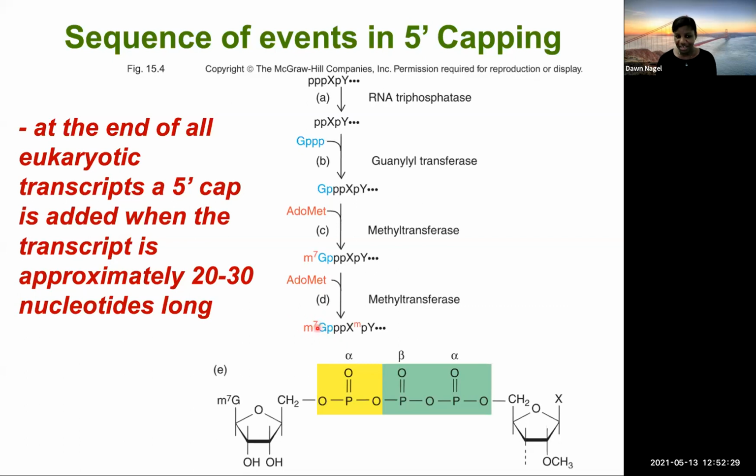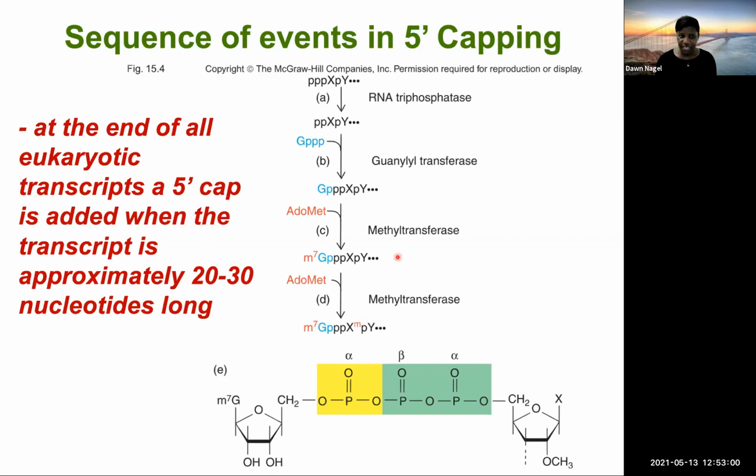The importance of this cap, again, is really to protect that 5' end from being chewed up by any kind of RNases present within the nucleus, but it also helps to recruit this cap binding protein, which is really important for translation because it interacts with the ribosomes, as you'll see later, either in this lecture or in lecture 12 when we talk about translation.